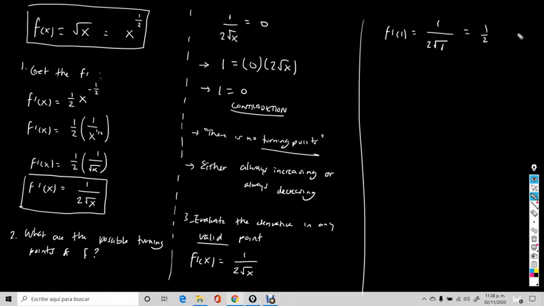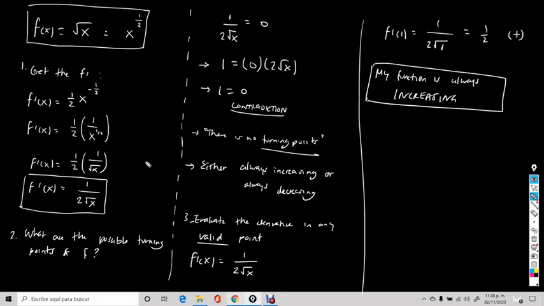There you go. So it's positive. The sign of this evaluation is positive, and what that tells me is that my function is always increasing. This is my conclusion. I'm done. My function is always increasing.